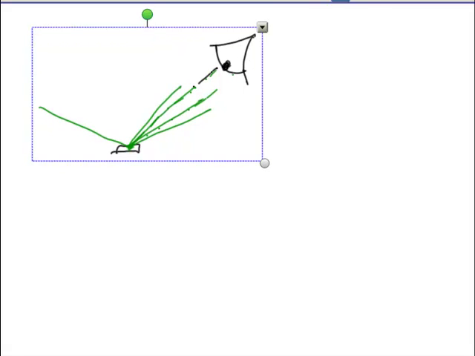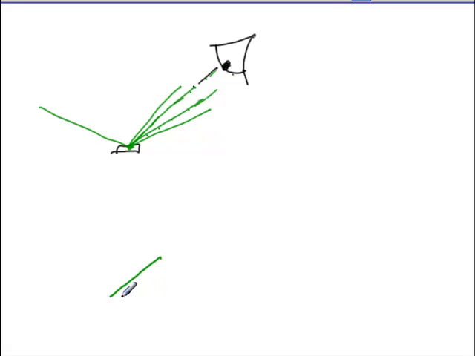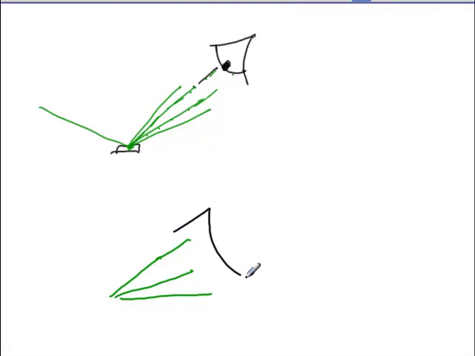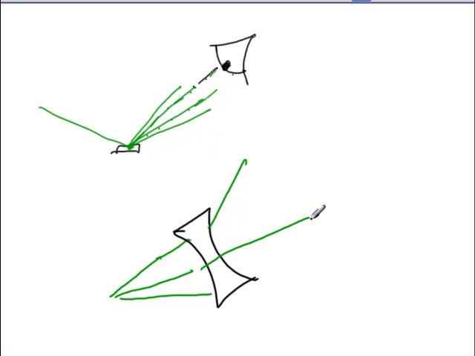So maybe, in reality, light's coming off from a point here, but we put a lens in the way. We can put a diverging lens like that. And that'll make the light spread out.